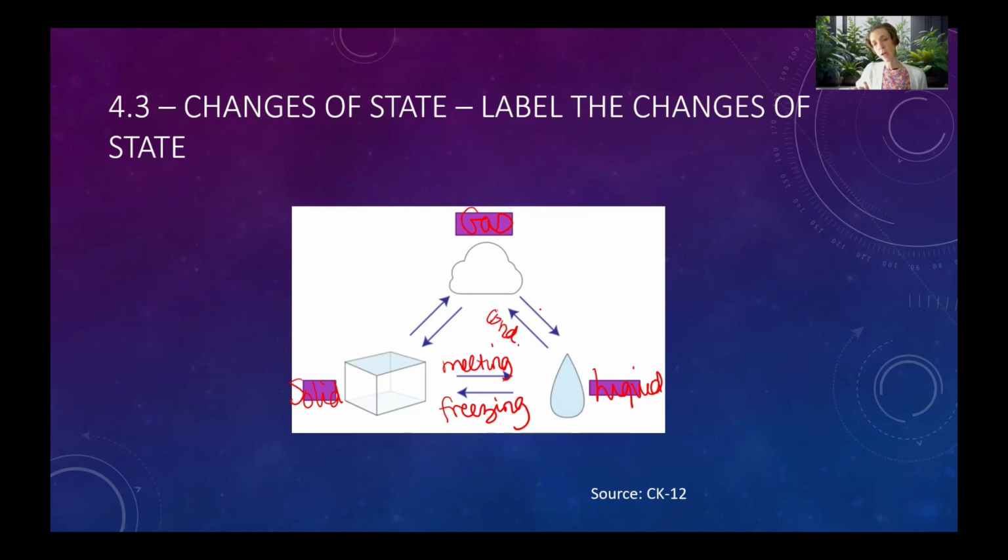Oh, I put that in the wrong spot. Going from a gas to a liquid is condensation. And then going from a liquid to a gas is what? That's vaporization or evaporation. What about if we go from a solid to a gas?